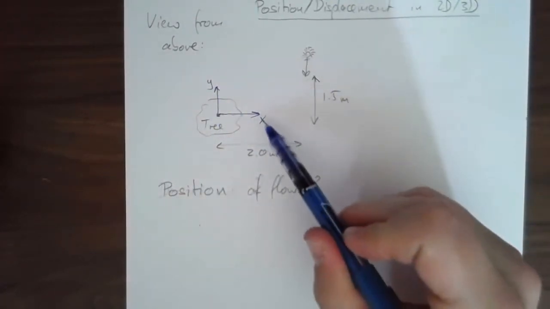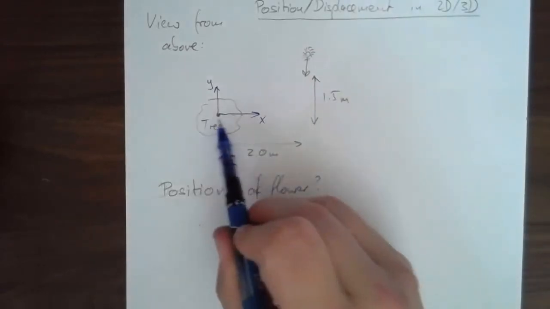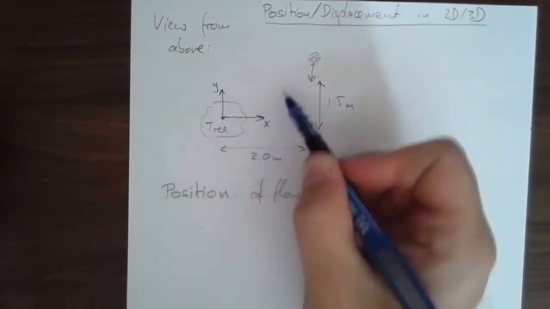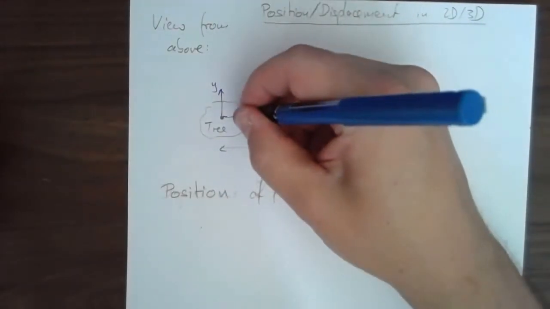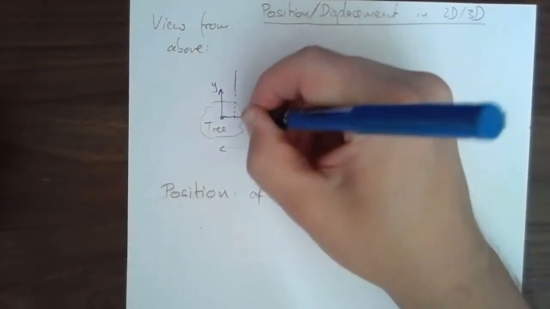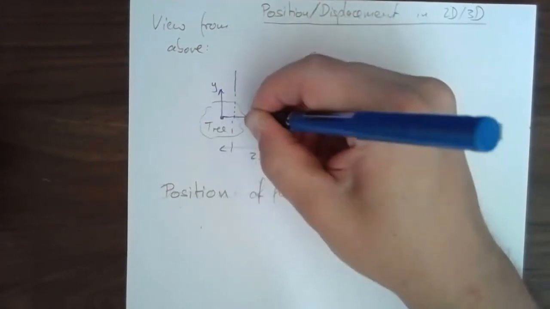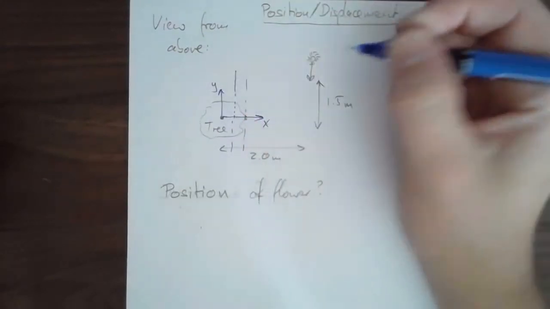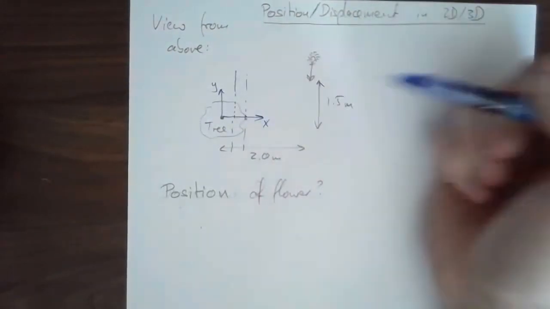Now the position of the flower is, well, you can imagine it like this. Imagine those here, they form a kind of grid, right? So everything along this line here is at position x equals 1. Everything along this line here is at position x equals, I don't know, 0.1, 0.2.